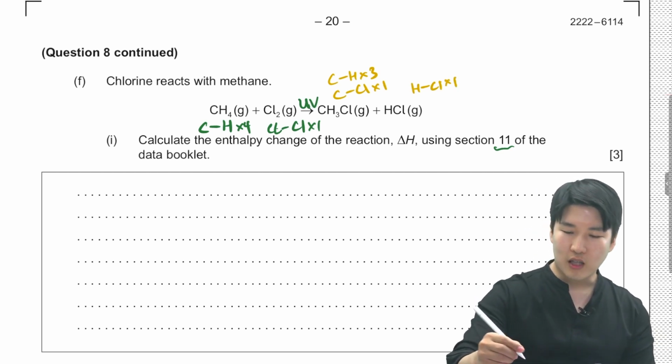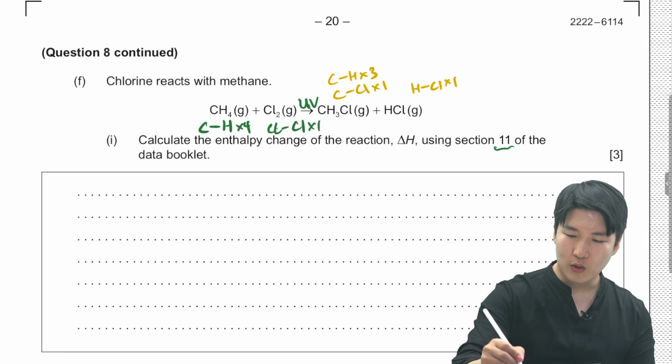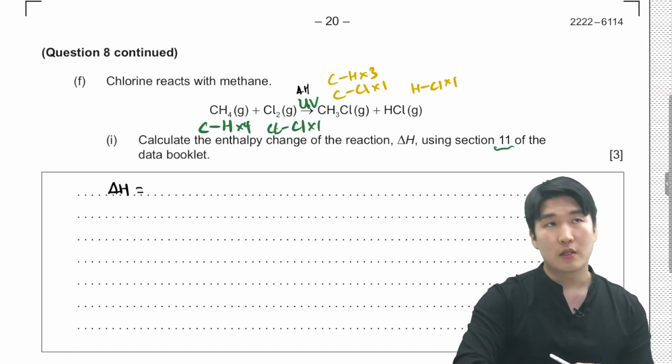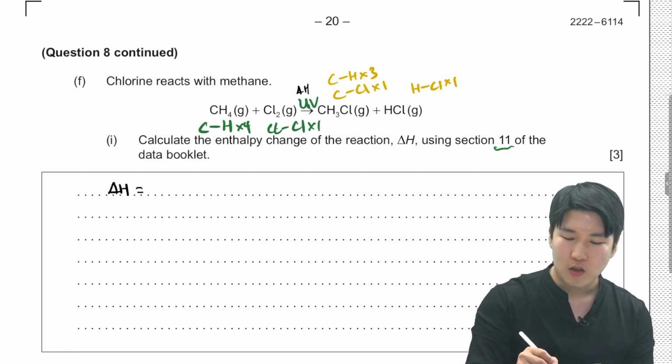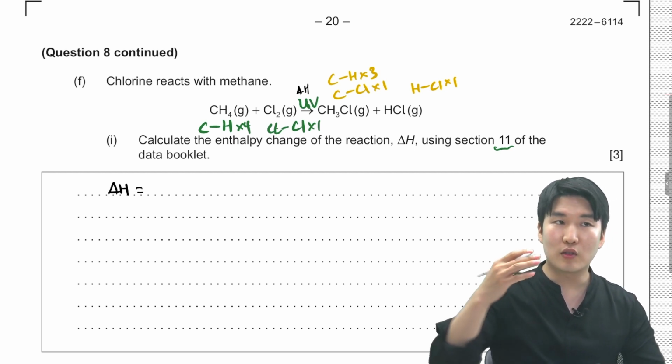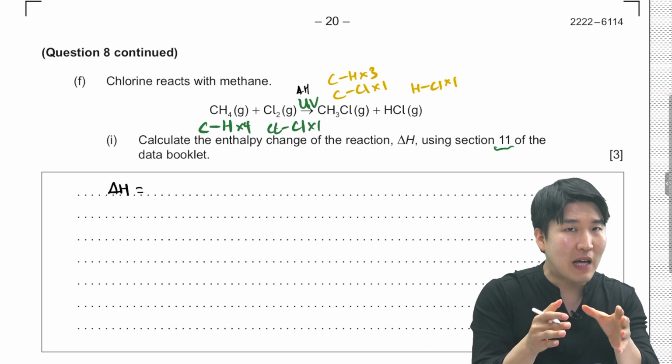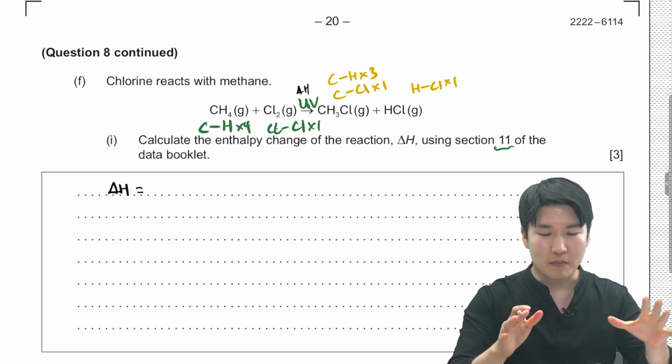Enthalpy change delta H is going to equal the sum of the bond enthalpies of our reactants. Why? Because we need to input the energy that corresponds to the bond enthalpy values of our reactants to break them.